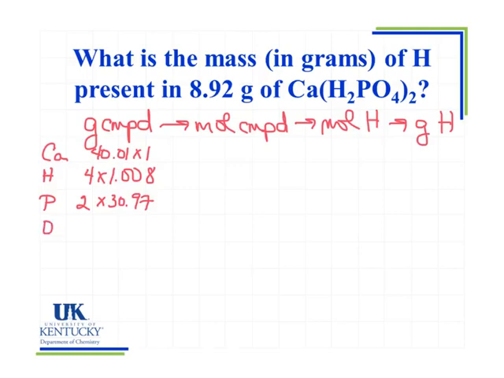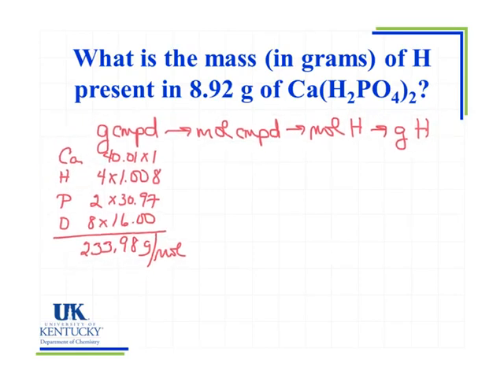And our oxygen, and there are 8 of those, times 16. And so what we can actually do is add all those up, and we get a molar mass of 233.98 grams per mole. So now we know the relationship for this compound for grams and moles. So we're able to get from grams of the compound to moles of the compound.